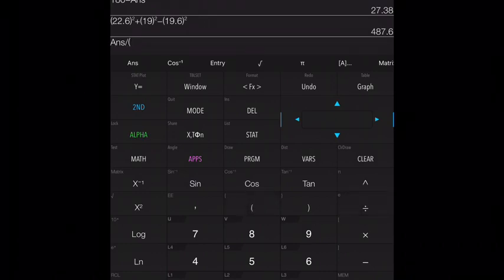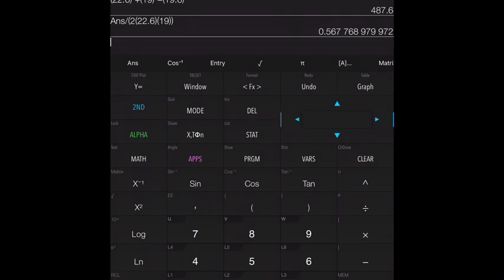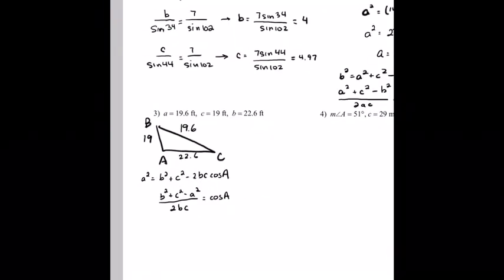And then we divide that whole thing by 2bc, and since we're dividing by multiple terms, I'm going to put the whole thing in parentheses. So divided by parenthesis 2 times b times c is 0.568.